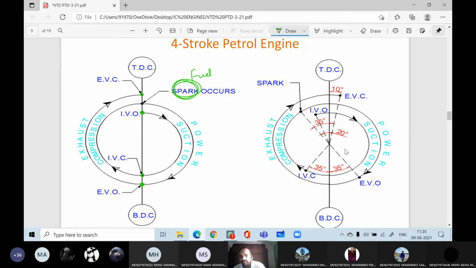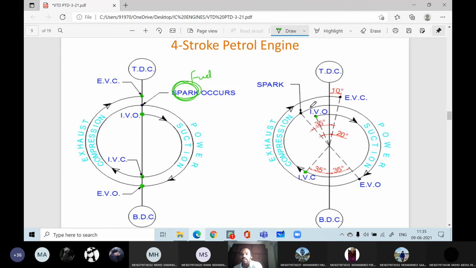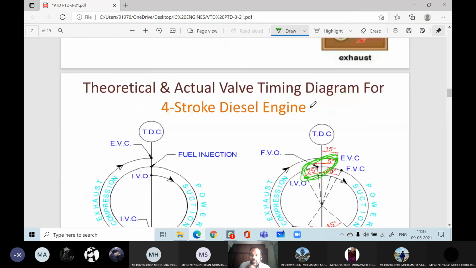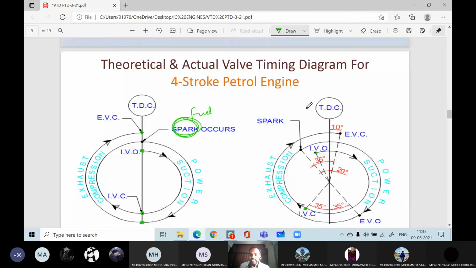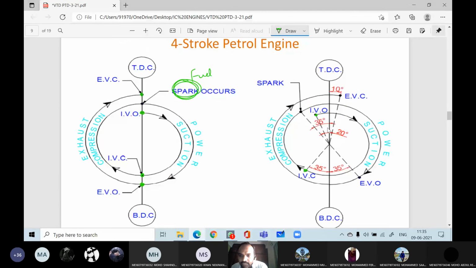Now if you come here, as usual, the inlet valve opens before and closes after. The angle is more compared to the diesel engine. For the diesel engine, the inlet valve opens 25 degrees before and closes 30 degrees after, but here it opens 20 degrees before and closes 35 degrees after.